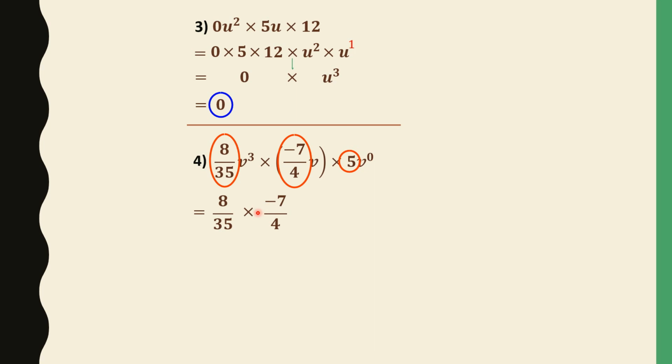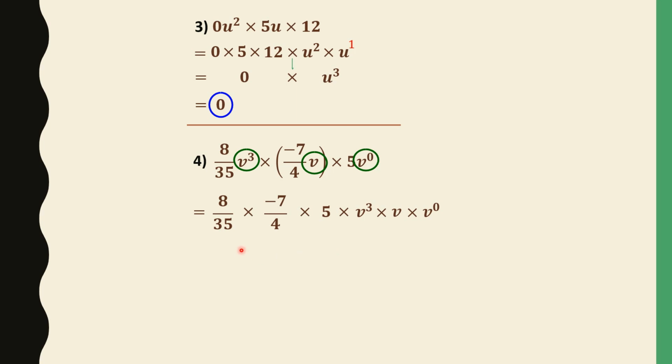In case it was here next to the over, we have to place parentheses. But if the negative sign was next to the numerator or the denominator, we don't have to put parentheses. Then we write times 5, then v cubed, v, and v exponent 0, we group them next to each other, times v cubed times v times v exponent 0.